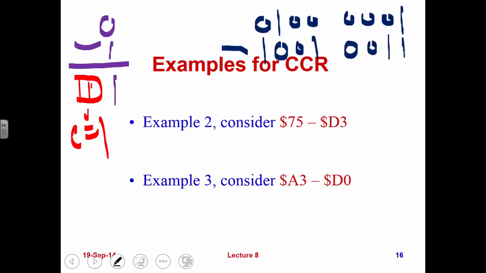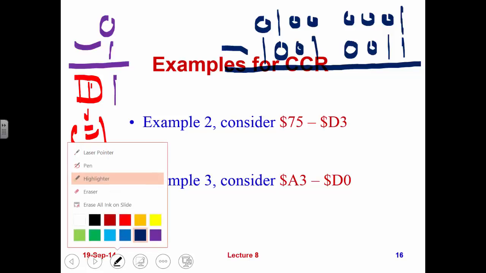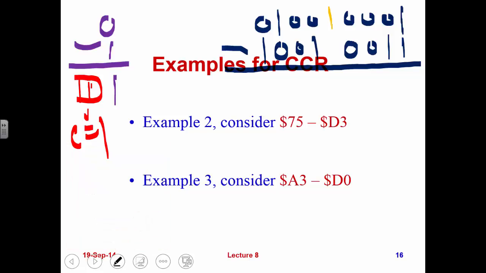Let's do it this way. Assume now we have this subtraction. Let's see our result, half byte by half byte. This is the low half byte, this is the high half byte. So let's do the subtraction.